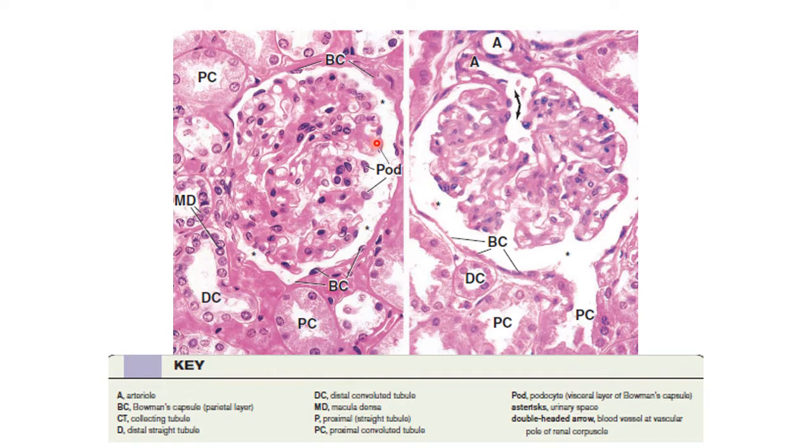The cells of the visceral layer are podocytes, and they are very characteristic cells, and they have a very important role in all kidney diseases. Each glomerulus has two poles, a vascular pole where an afferent arteriole and efferent arteriole enter and exit the glomerulus, and a tubular pole where the collected filtrate will be transported into the proximal convoluted tubule.